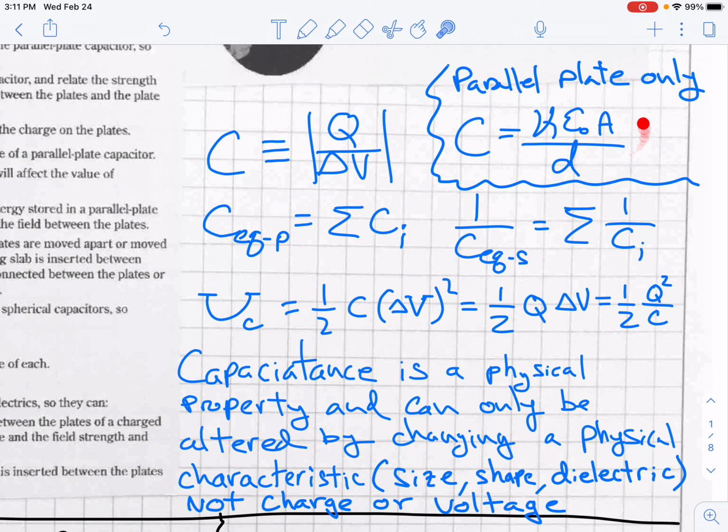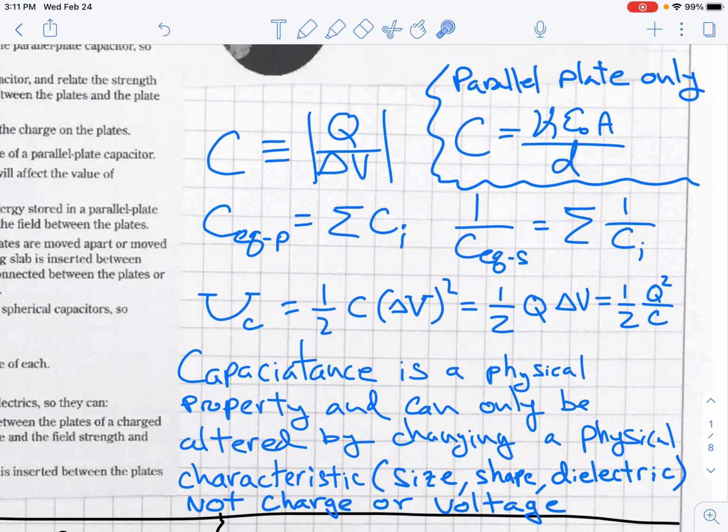We can see that here, that capacitance is K, which is a property of the dielectric. That's a material that you would stick inside, an insulating material. A is the area, and D is the distance between the plates. So physical property, physical property, physical property.